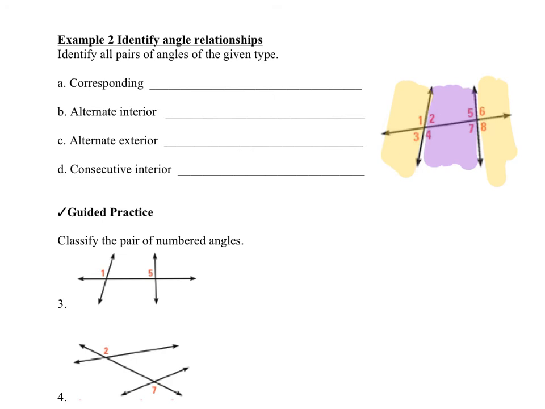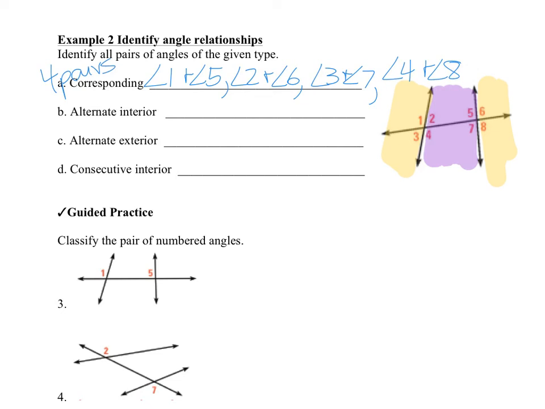So corresponding, same position: 1 and 5, 2 and 6, 3 and 7, 4 and 8. 4 pairs. Alternate interior, 2 and 7, 4 and 5. 2 pairs.